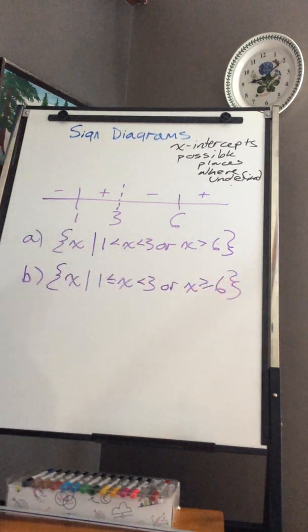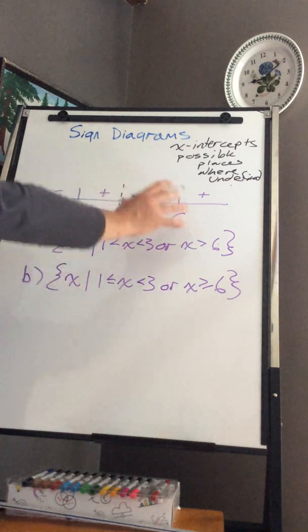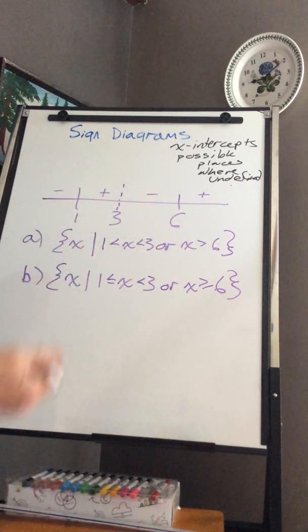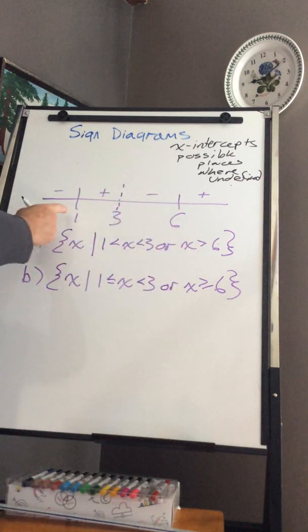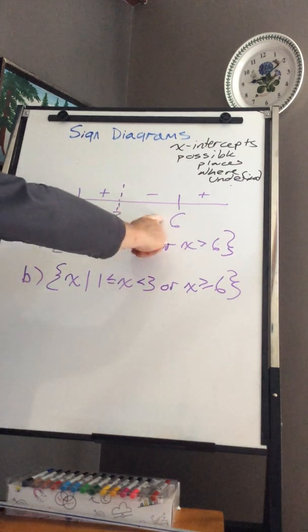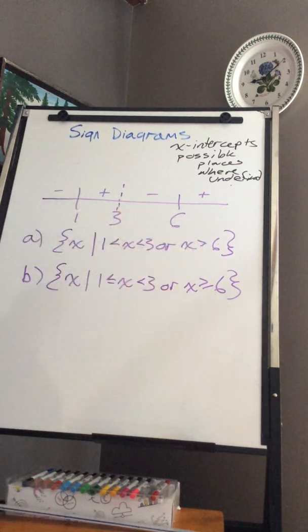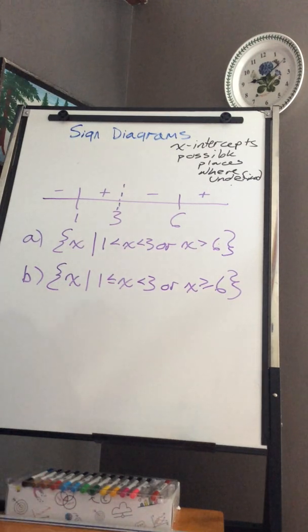And so all we're doing is writing a set notation or interval notation based on what we see here. If it had been x less than 0, we would have picked this section and this section and written a statement for that. And I'm pretty sure that covers everything for section C. It does.